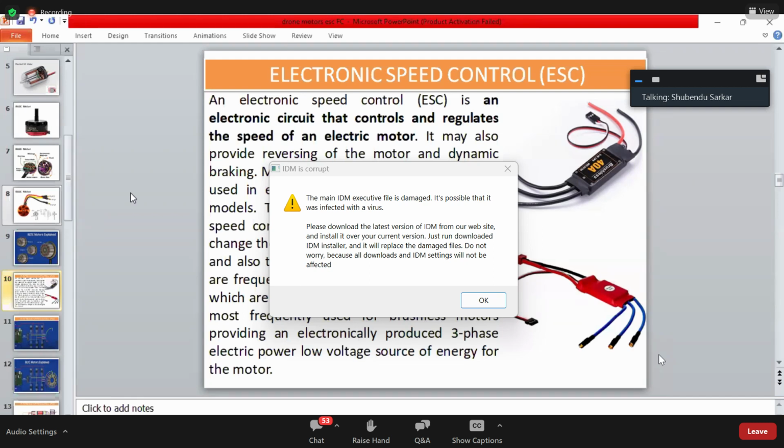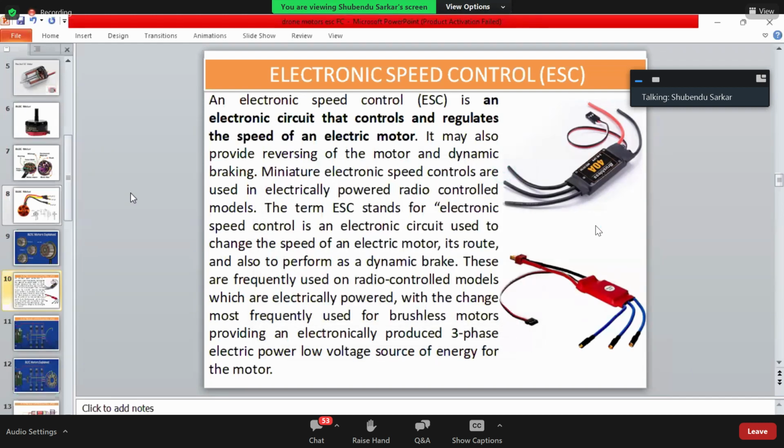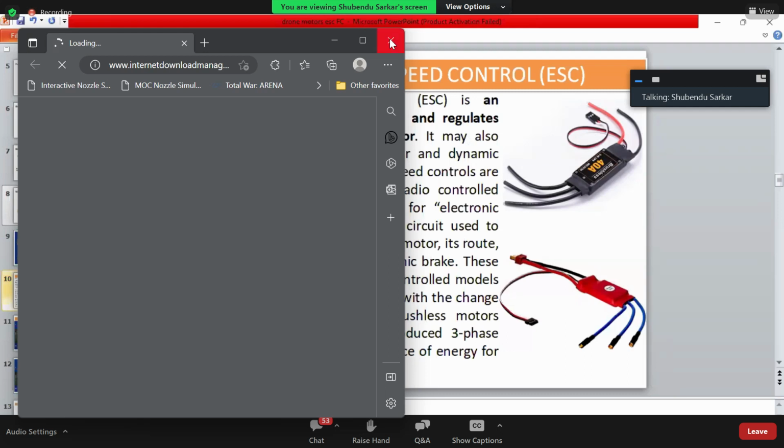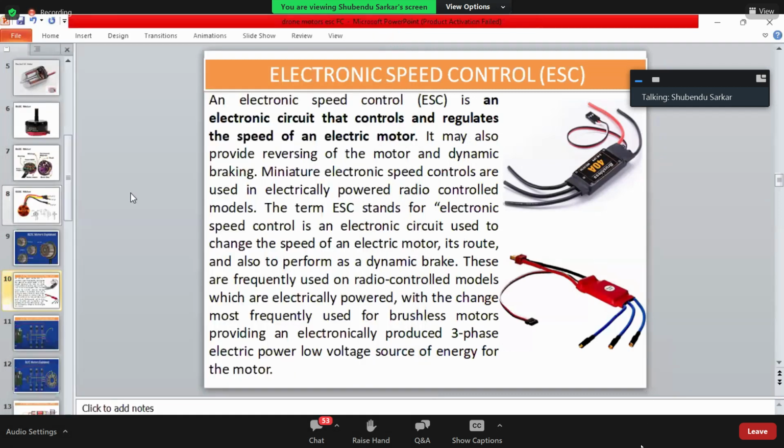Now we are going to understand step by step how we can connect the ESC, how the ESC works, and how the ESC is going to change the speed of this drone, or technically the speed of the motor of the drone. So what is the capability of ESC? ESC can help you put a brake on your motors.